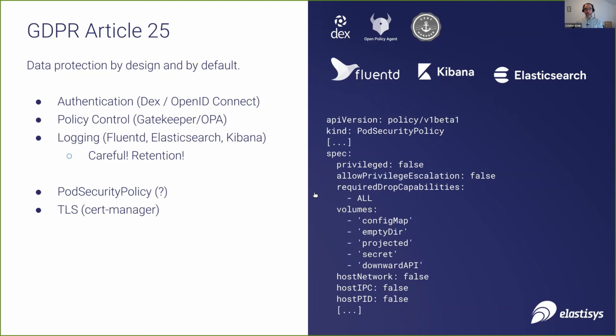The last thing is that it's very important to have logging, to understand who did what, in order to create a feeling of accountability in your organization, but also to identify suspicious activity or things that are not quite okay. And here, when dealing with GDPR, you have to be rather careful. Logging tends to include personal data because it's just the way developers work, and they often need this information for ensuring that the application works correctly.